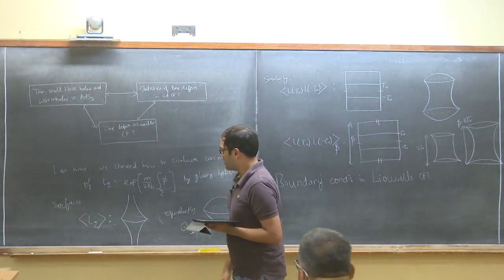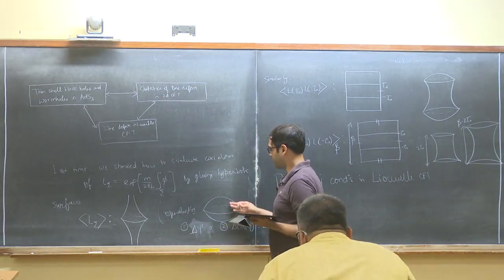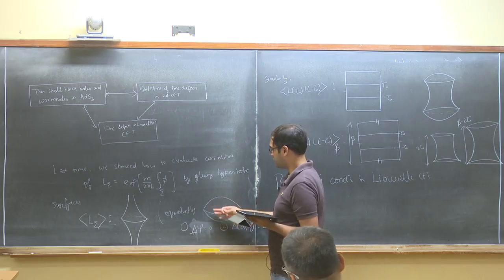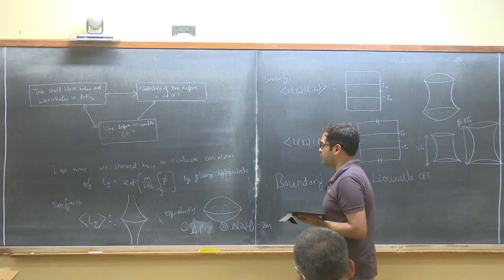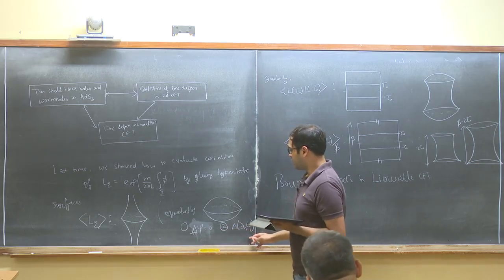Or equivalently, you can draw it in the sphere conformal frame, where you are just gluing two hyperbolic disks across the line defect L sigma. And we solved the gluing problem by using these two simple gluing conditions.